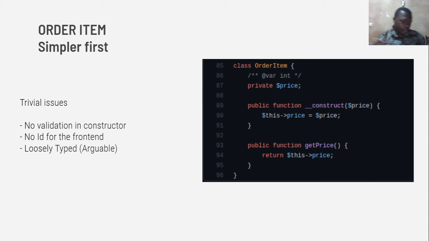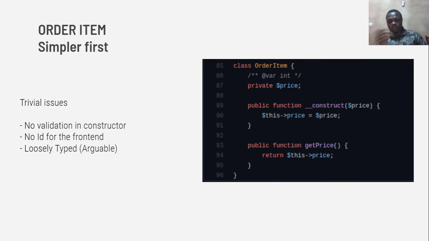On the backend side, it might make sense to compare objects using the identity operator. But if you send that data to the front end, let's say via JSON or XML, that does not make sense because you just have an array of objects containing one single attribute called price. It doesn't really make sense, so that's an issue.